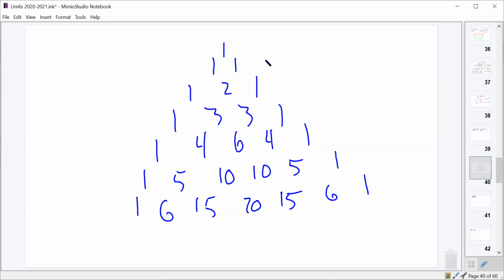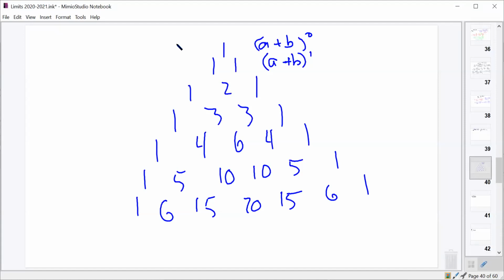as you go through and you try to do, let's say, a plus b to the 0 power, what do you get? 1. What about if you have a plus b to the 1st power? What are the coefficients? They are 1 and 1, right?